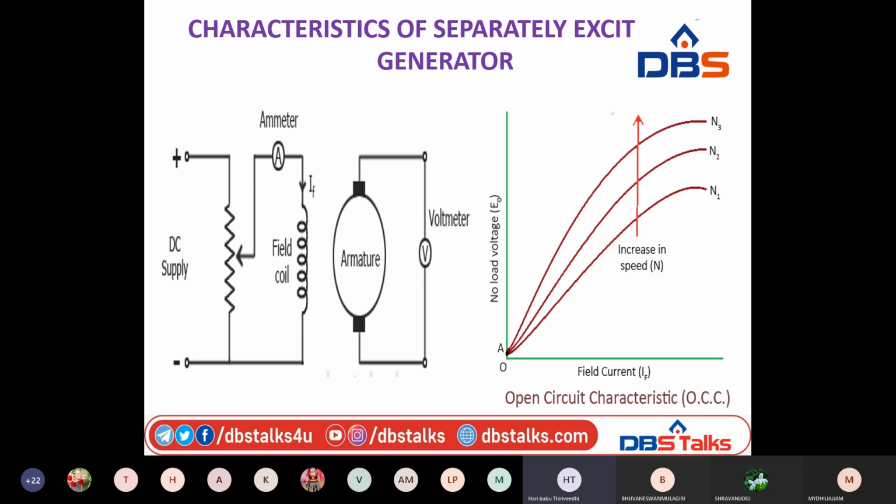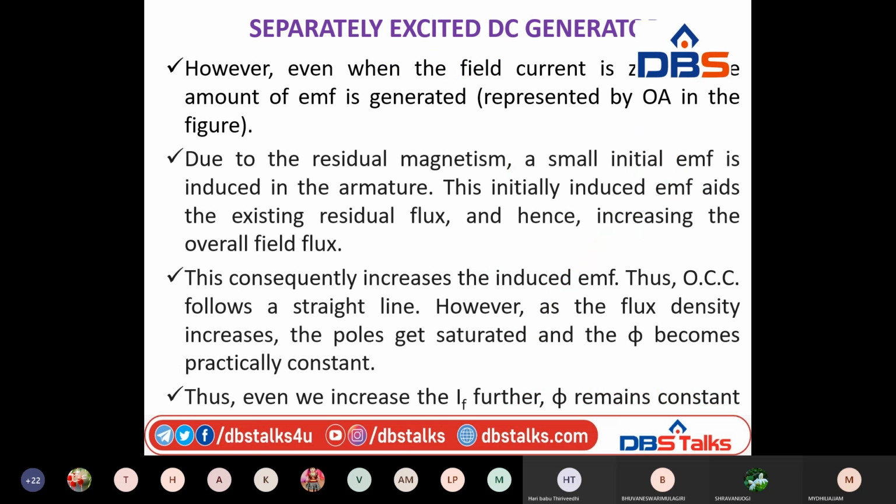So up to rated voltage, the graph will be increasing, that is a linear curve. After rated voltage, it will be a constant, straight line, constant value. So OCC follows a straight line up to the rated value, then saturates and becomes practically constant.